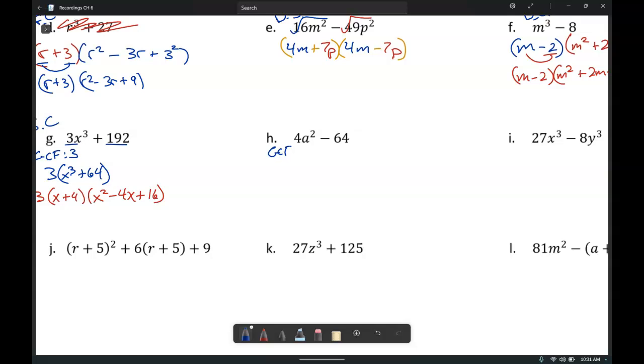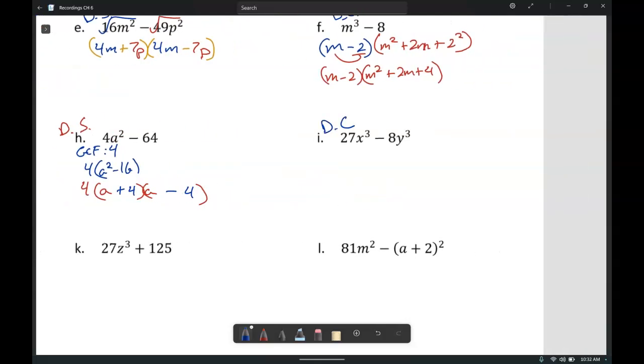We have another GCF. We factor it out. We have our difference of squares. The square root of the first, the square root of the second, one plus, one minus.